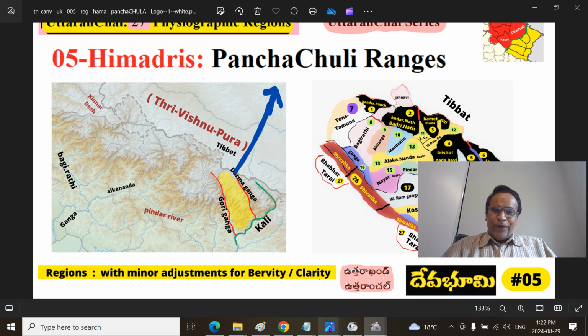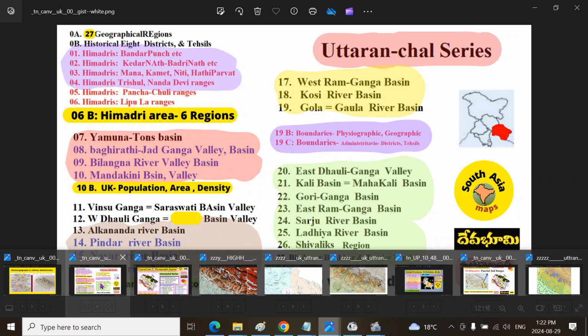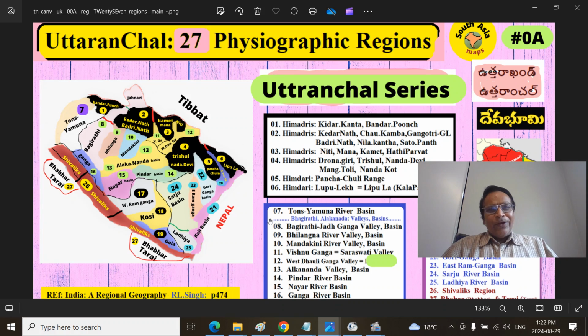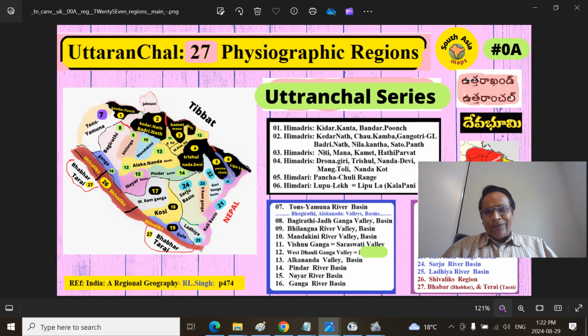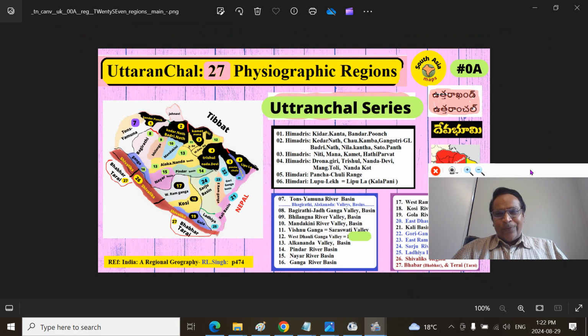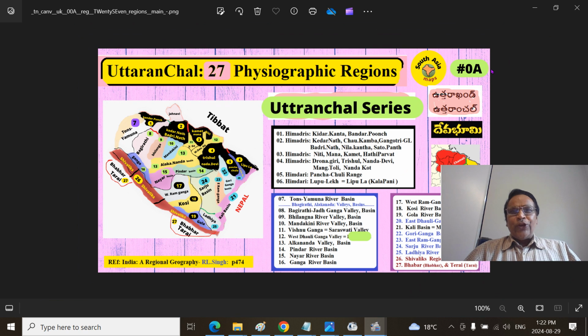If you have not looked at the broader physiographical regions of Uttaranchal, Uttarakhand, you should look at the 0A part, where I take a look at the bird's eye view of all 27 in context with each other. We are now looking at this particular part of Himadris, the Pancha Chuli mountain ranges.